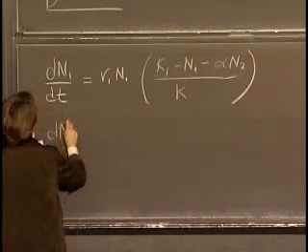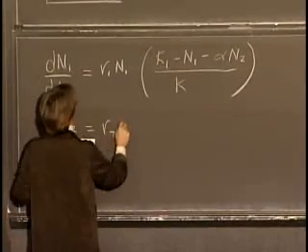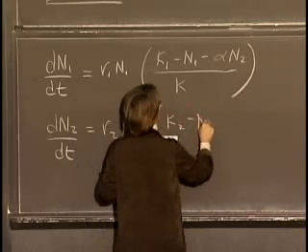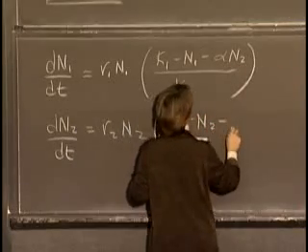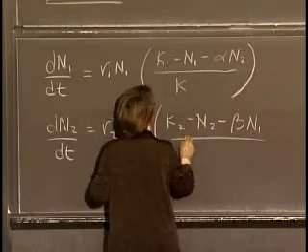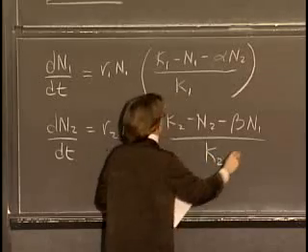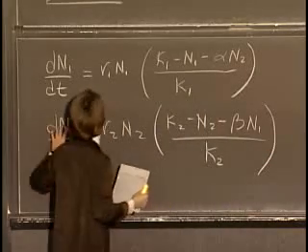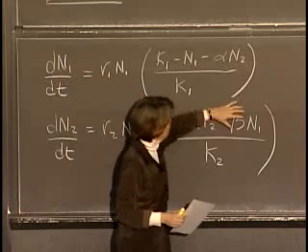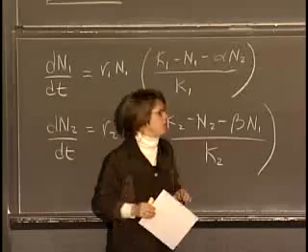And then he said dN2/dt is equal to r2 N2 (K2 minus N2 minus beta N1) over K2. So the growth rate of species 2 in the presence of species 1 is reduced by some amount that's proportional to the abundance of species 1.